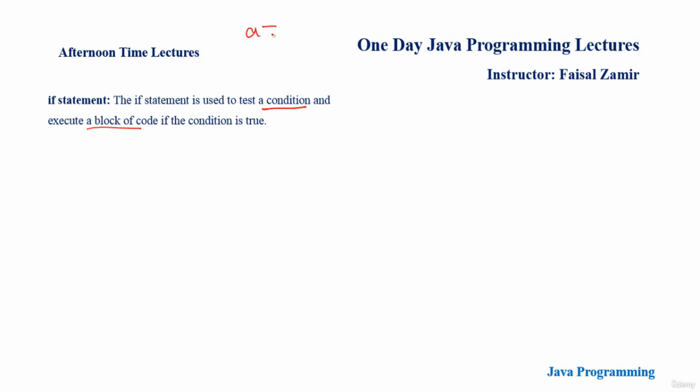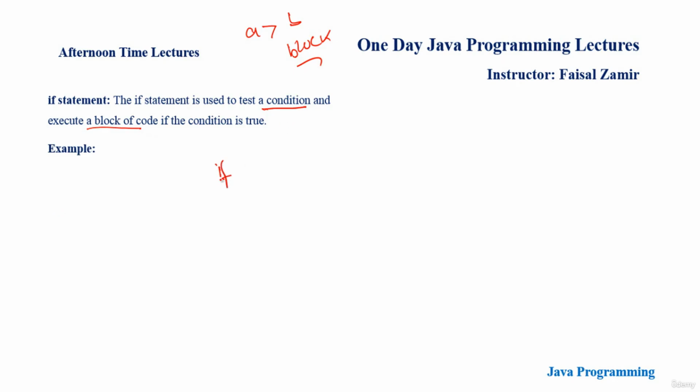For example, you create an if statement structure. You have to provide a condition. If a is greater than b, a specific block will execute. In a block, there will be one statement or a set of statements. Any code you can mention in your block will execute when your condition is true. When your condition becomes false, that block will be skipped and all its code will be ignored. So I want to share its syntax with you.